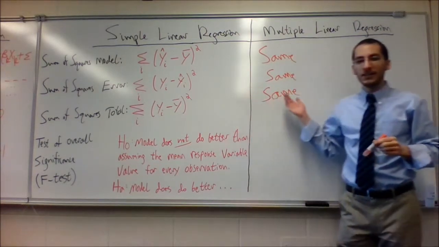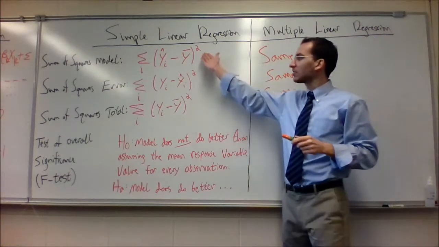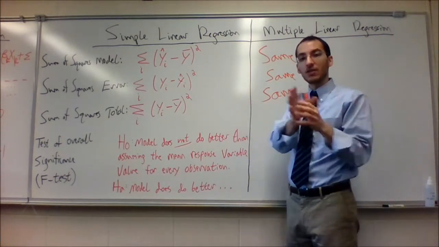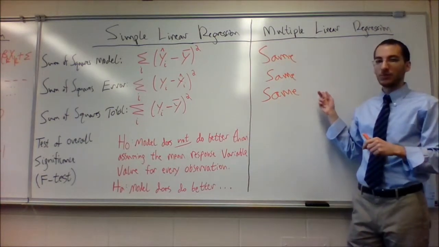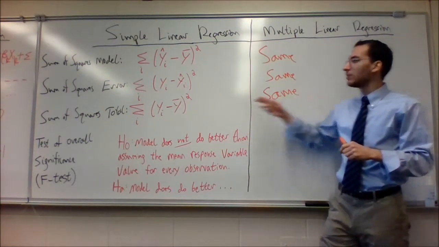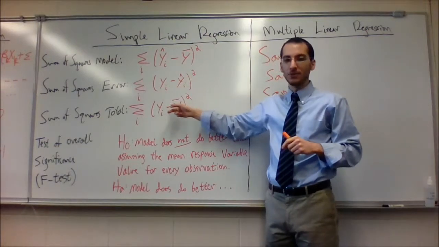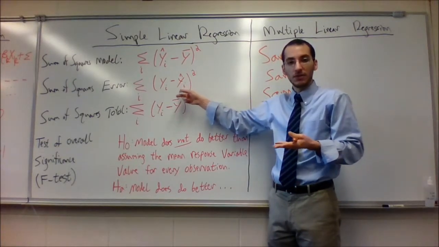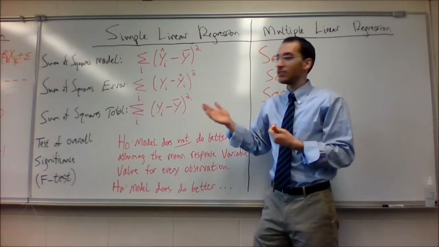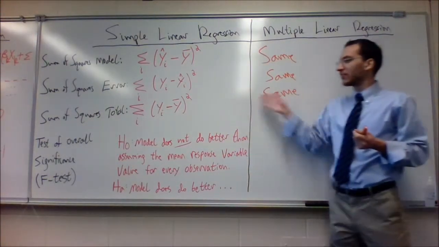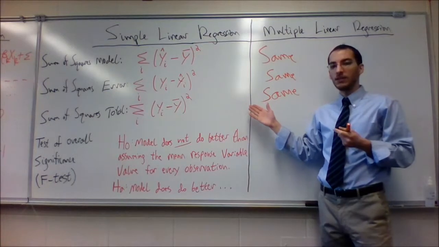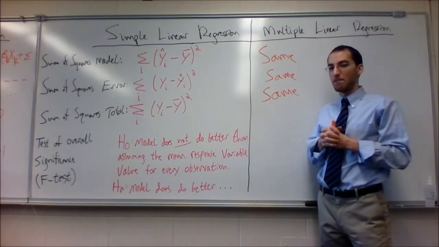But the point is, the way we calculate the variation in our model and where it's going is the exact same thing in multiple linear regression. All I'm doing is chopping up the y values and the predicted values. That doesn't change from simple to multiple linear regression.